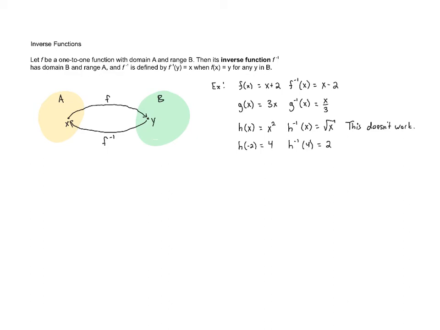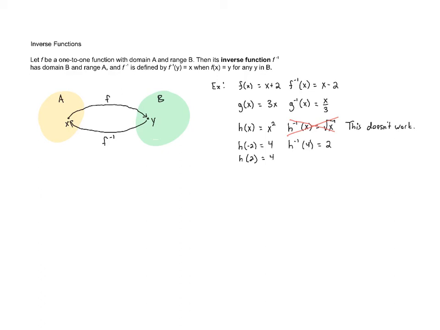So the problem here is that x squared is not 1-to-1, so there are actually 2 different values of x that can give us 4. h of negative 2 is 4 and h of positive 2 is 4, and it's impossible for the inverse function to tell which input value gave us 4, so this ends up falling apart. So it is not true that the inverse of h of x equals x squared is the square root of x.